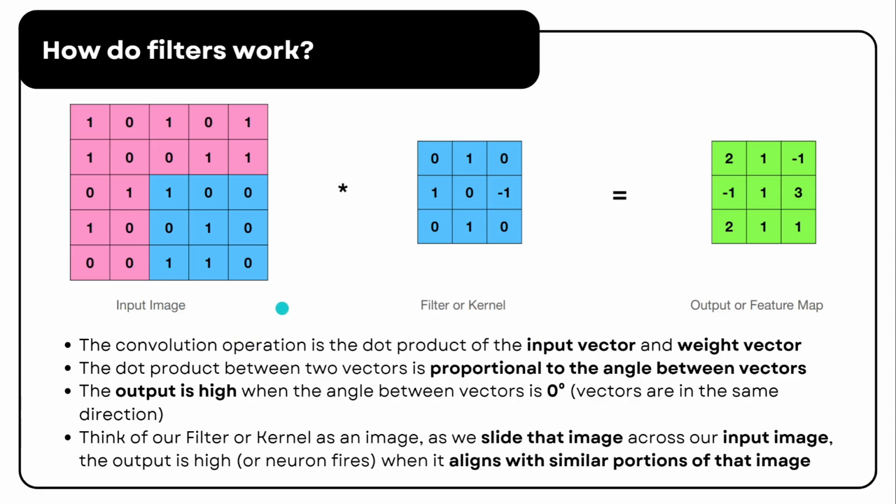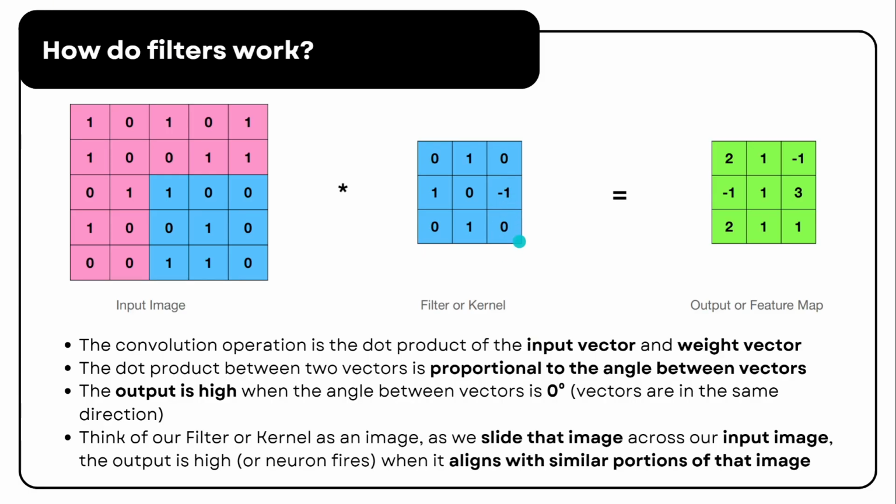Now, let's talk about what is actually happening during this convolution operation. The convolution is essentially a dot product between the input vector and the weight vector, the filter or the kernel.